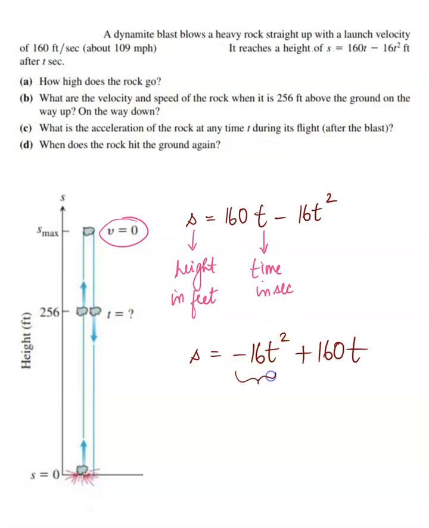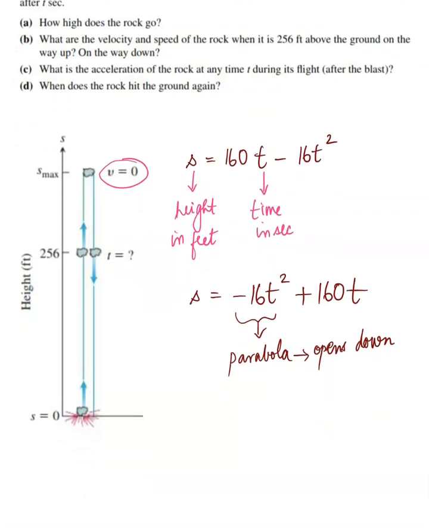So this information tells you it's a parabola that opens downwards, because of the negative leading coefficient. So it opens down, which means if you were to graph this, it's as if your rock went from 0.